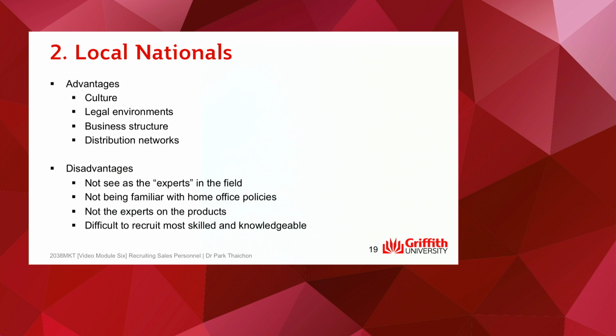The advantages are good knowledge about culture and the legal environment, and possibly good knowledge of business structure, policy, politics and networking. They might also already have relationships with local customers and local partners. So it's good in terms of partnership, language, and building relationships and trust.